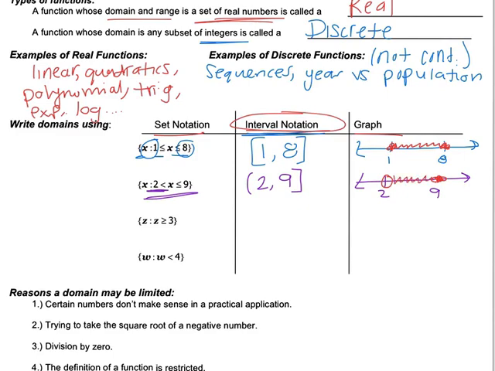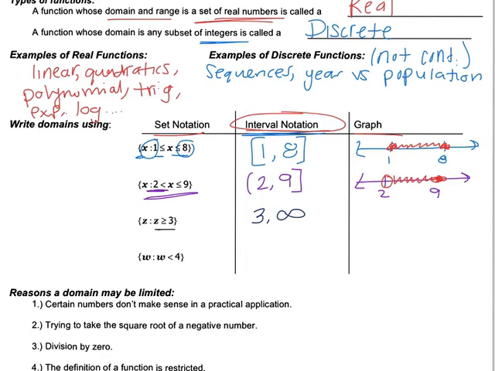The next one is z such that z is greater than or equal to 3. So if z is always greater than or equal to 3, that would mean our lower boundary is 3. Since z can be anything above 3, that means we're not bounded on that right side. So it's going to go all the way to infinity.